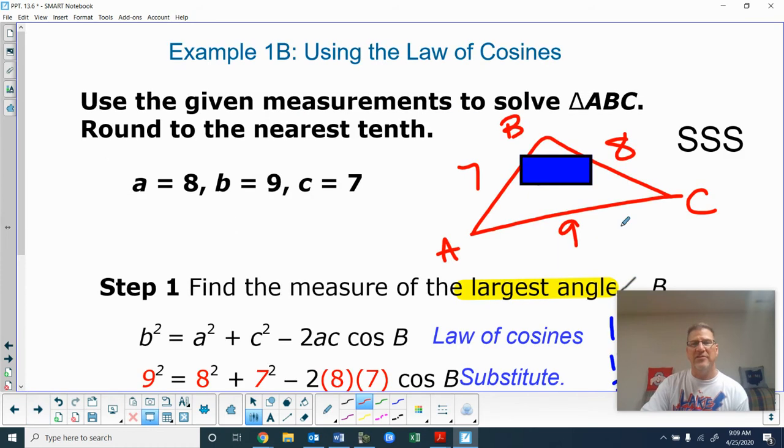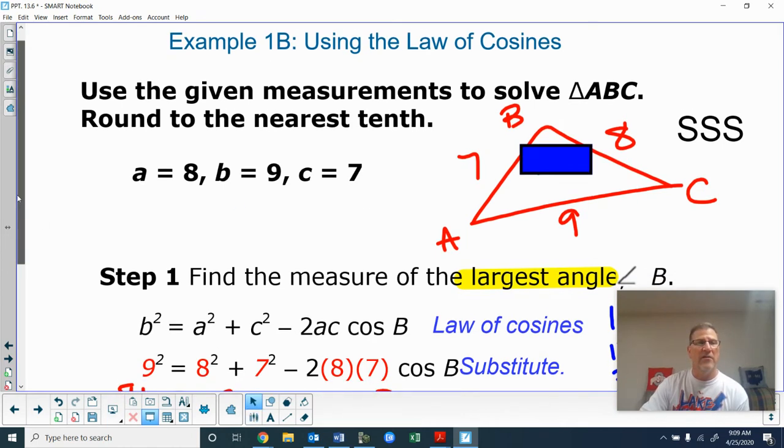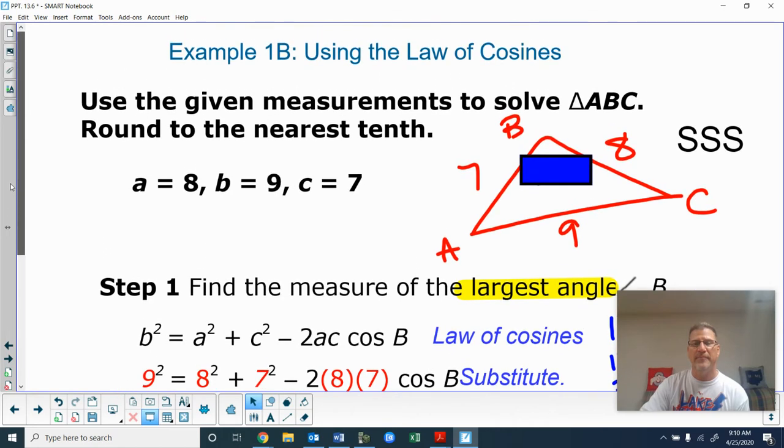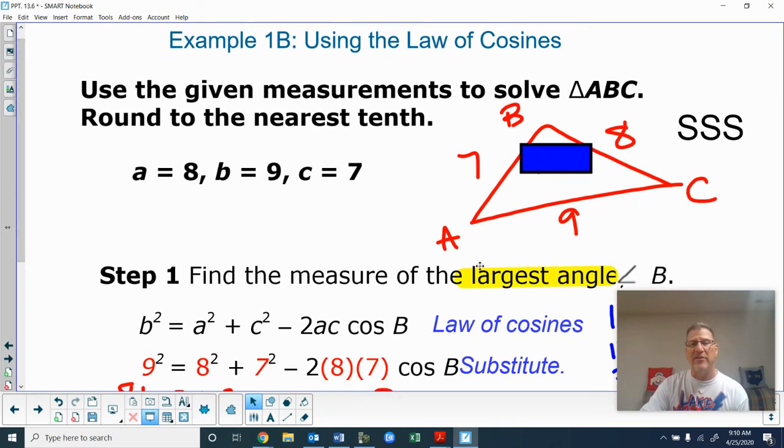The other situation is the side side side situation, where they give you all three sides. When you do this law of cosines problem, you always find the largest angle first. Very important, don't forget that. When it's a side side side situation like this, we're going to find the largest angle, and that's always opposite the longest side.